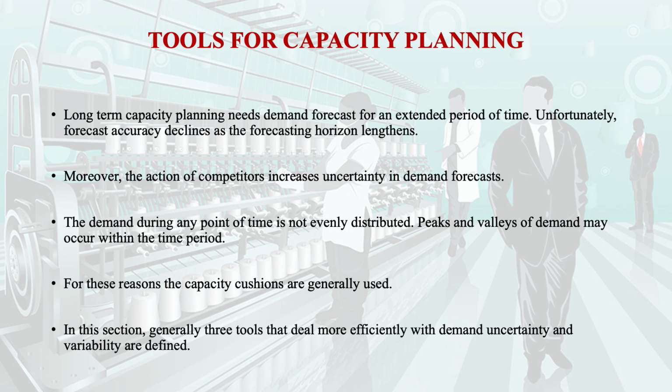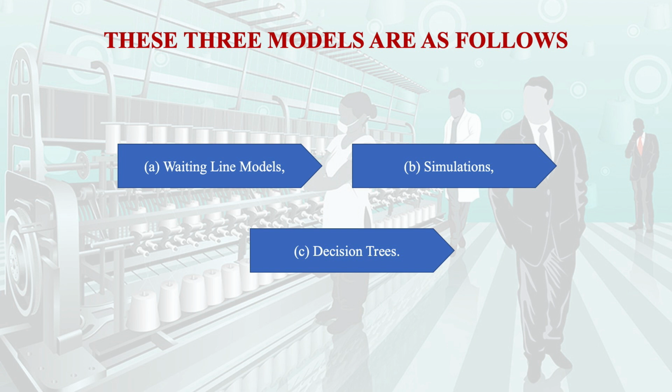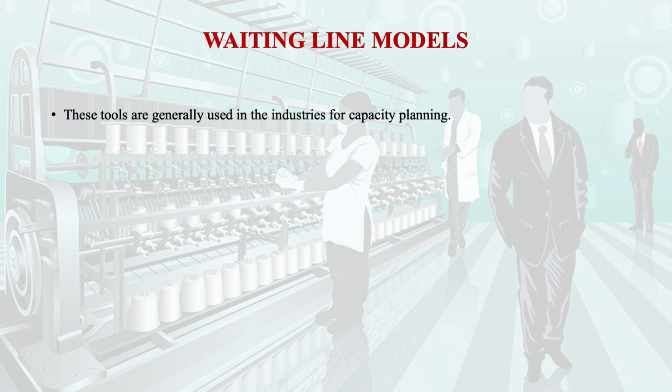Three tools which are normally used deal more efficiently with demand uncertainty and variability. They are waiting line models, simulation, and the decision tree. Let us see one by one the characteristics of each tool. Waiting line models are generally used in industry for capacity planning.